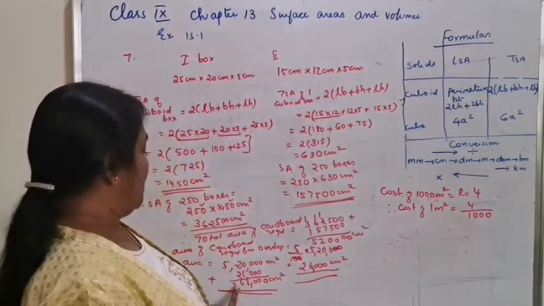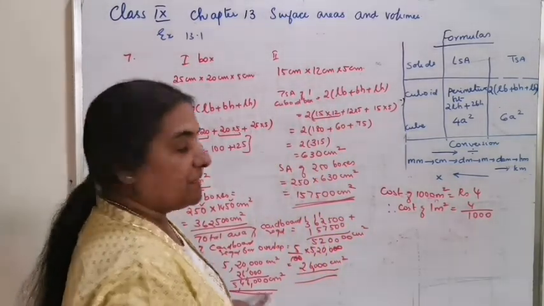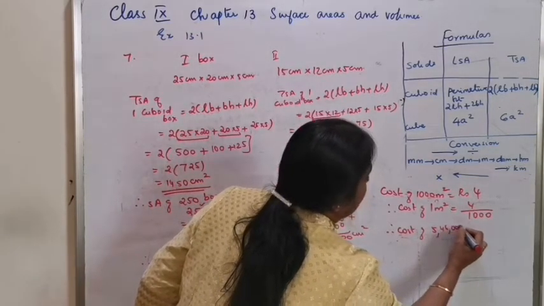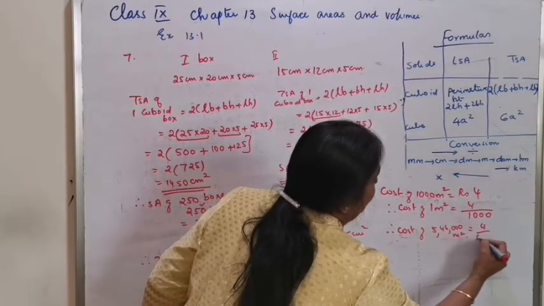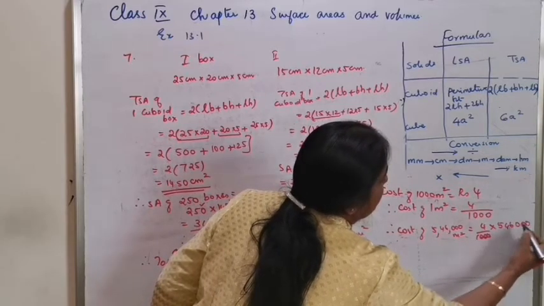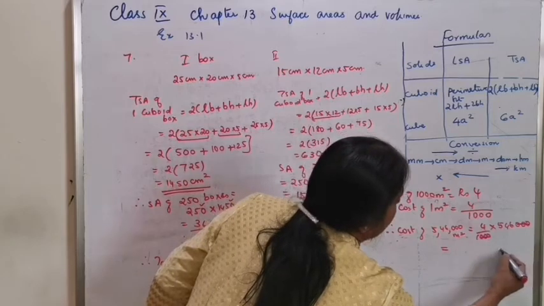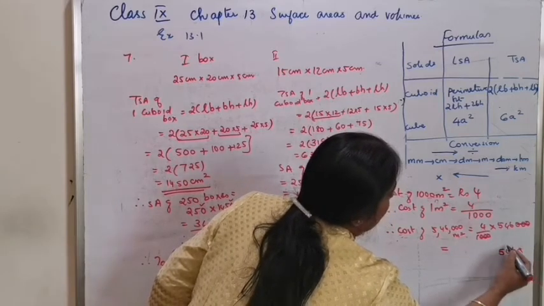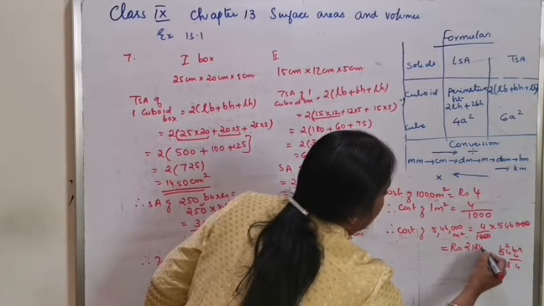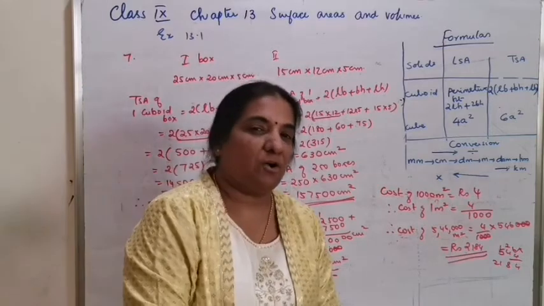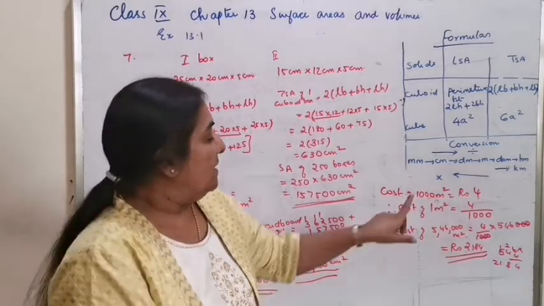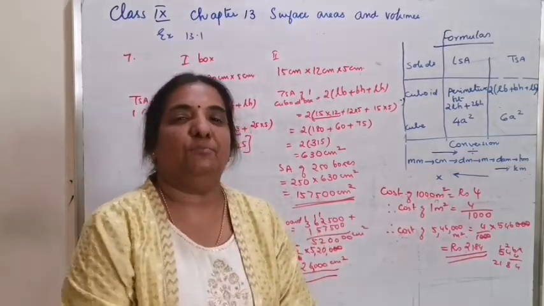So the cost of 5,46,000 centimeter square is equal to 4 by 1000 into 5,46,000. The thousands get cancelled, which is the same as 546 into 4, which is rupees 2,184. That means a cost of rupees 2,184 is required for the sheet of cardboard.